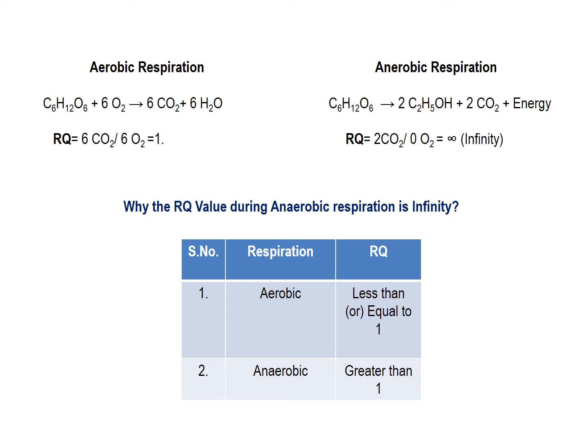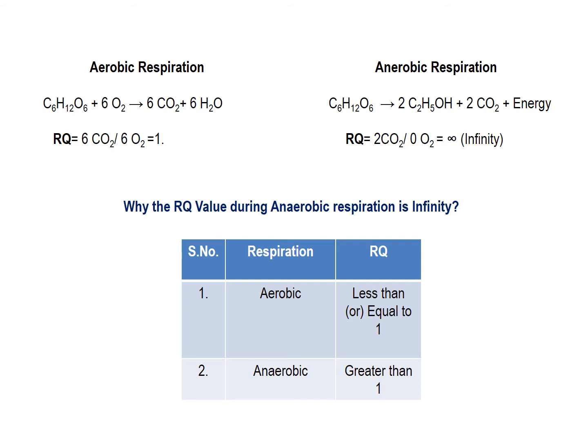The end products of aerobic respiration are carbon dioxide and water. In anaerobic respiration, the end product is alcohol. And the major difference is the amount of energy produced: in aerobic respiration, the energy release is very high when compared to anaerobic respiration.